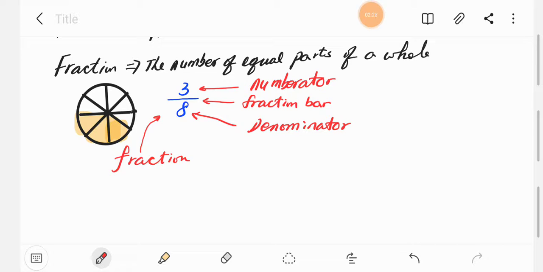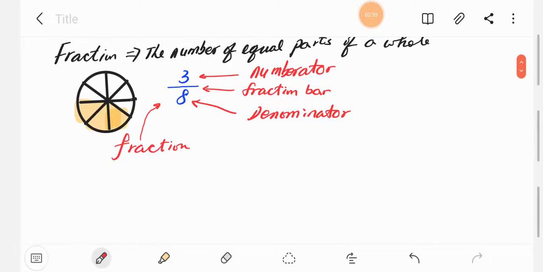3 over 8 actually means 3 divided by 8. So whenever you have a fraction bar, the upper part is the numerator and the bottom part is the denominator.